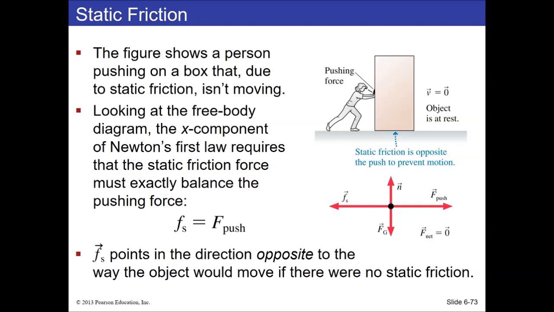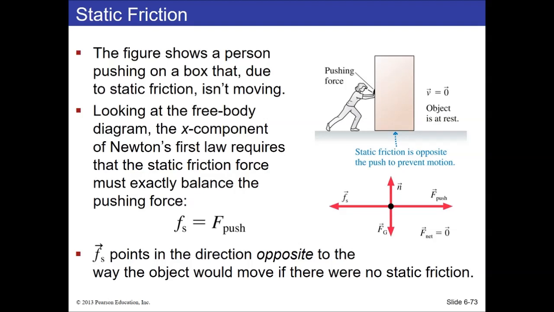Okay, so this figure shows a person pushing on a box. The box is not moving. They seem to be very upset at this box for some reason, and they want to push it over, but they can't do it because the static friction is just too large, and their push and the value of static friction are equal to each other here.